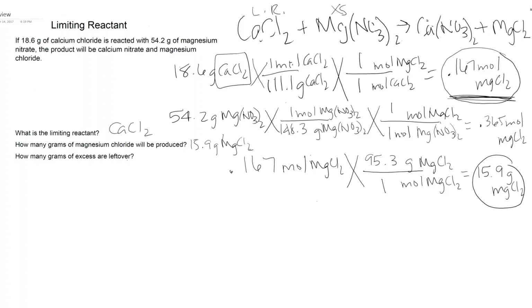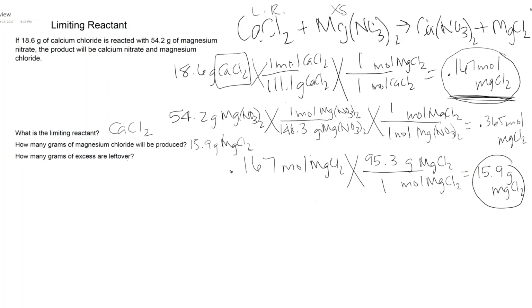The final question is asking about the grams of excess left over. Now we know that magnesium nitrate is our excess. To figure out how much is left over, we need to know how much we start with, and how much is used.